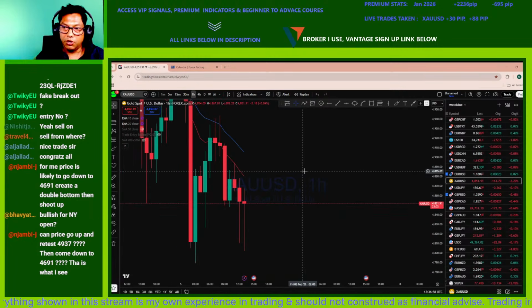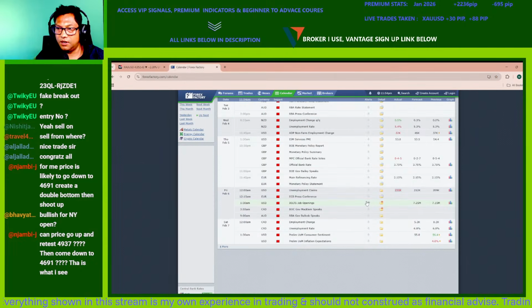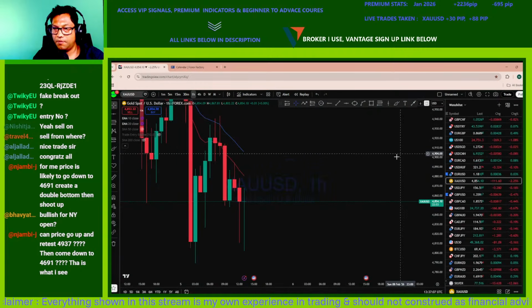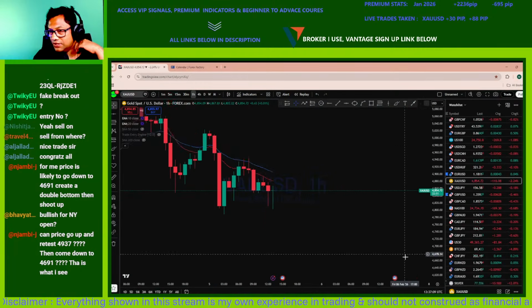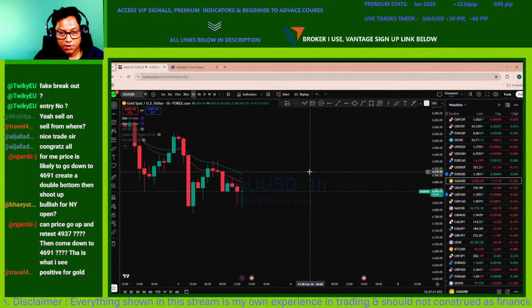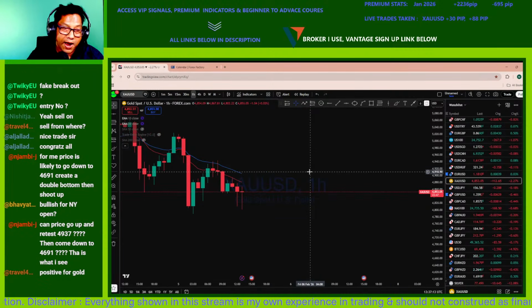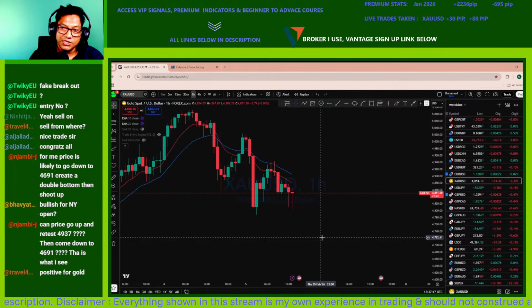Usually this data is a short-term spike; the long-term trend change comes from the policy. So the gold is still showing bearish. Yeah, positive for gold, but I think it's just a spike. I think the trend is still bearish.